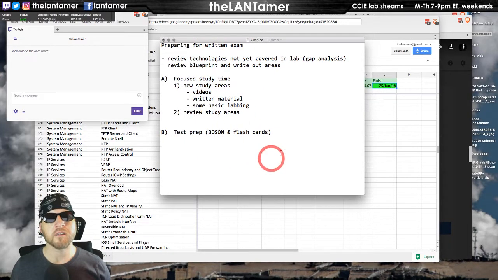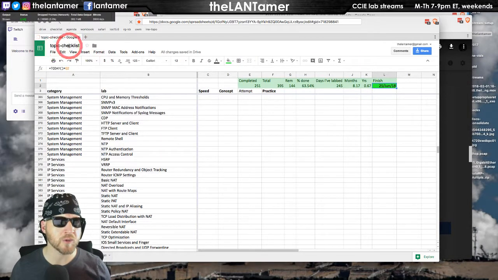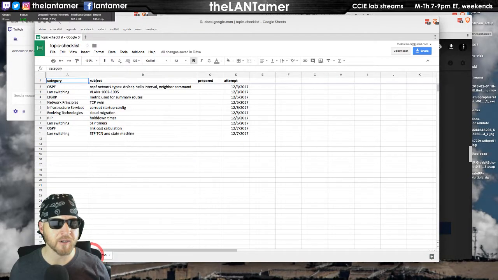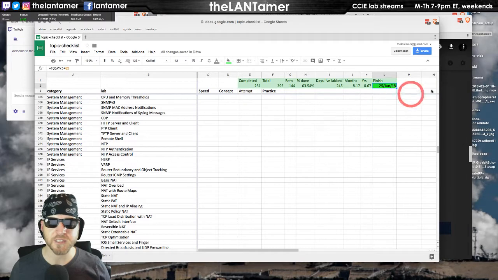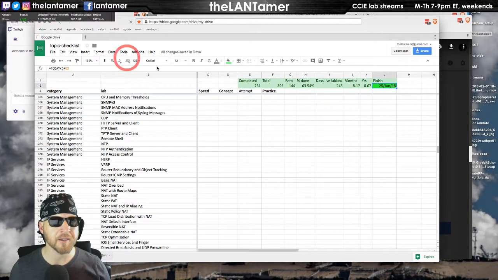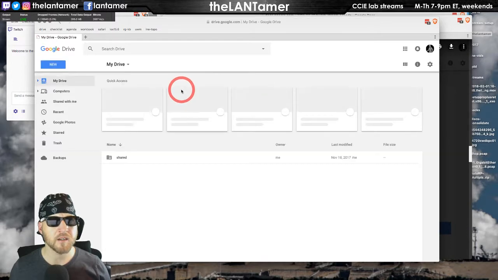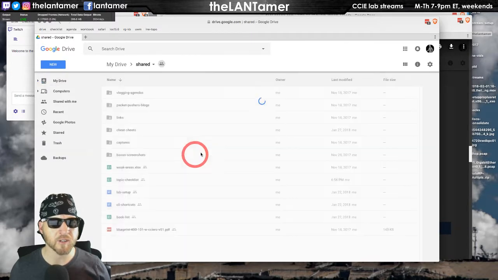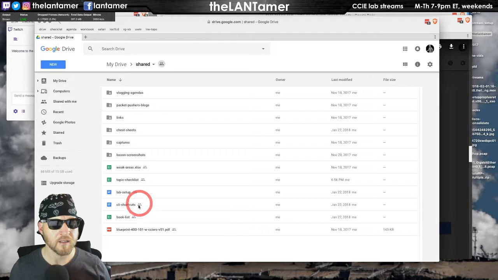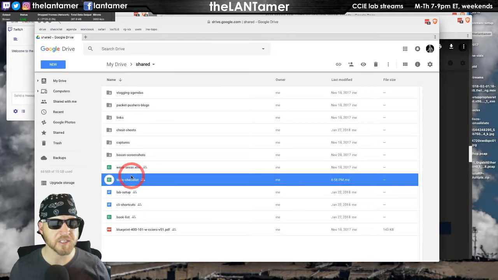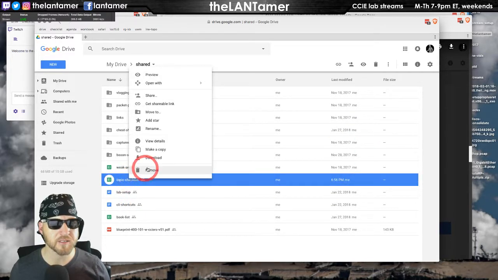So this will be deliberate and written out. I'm going to create a new checklist, or actually a new sheet here. This one takes a while to load because of the formulas and everything. So I'll be creating a new sheet. As a matter of fact, let's create it now. There's a topic checklist. I probably need to rename this.